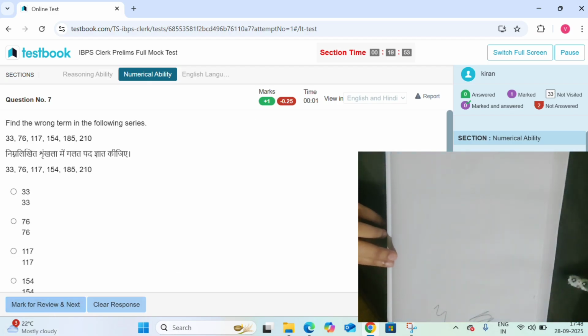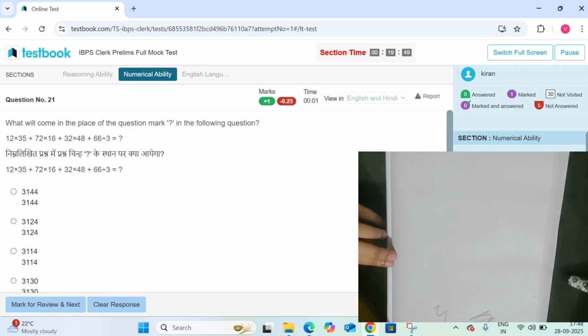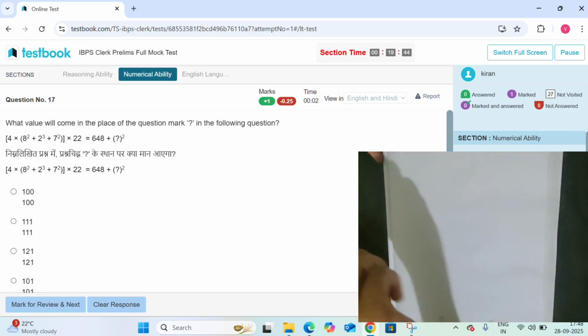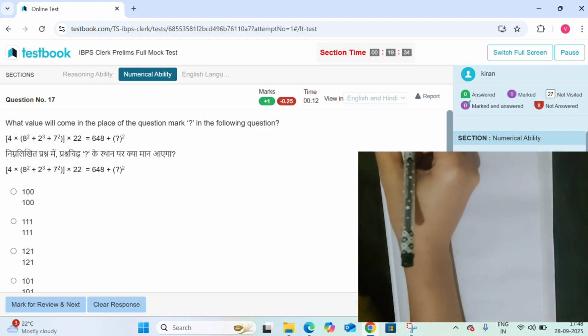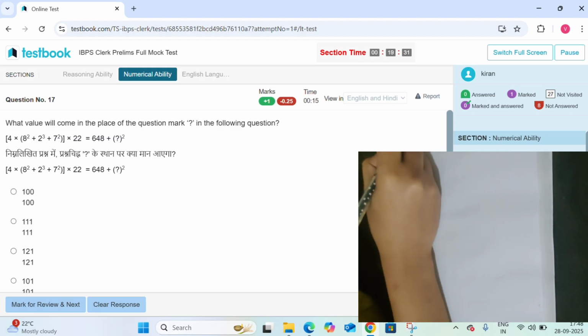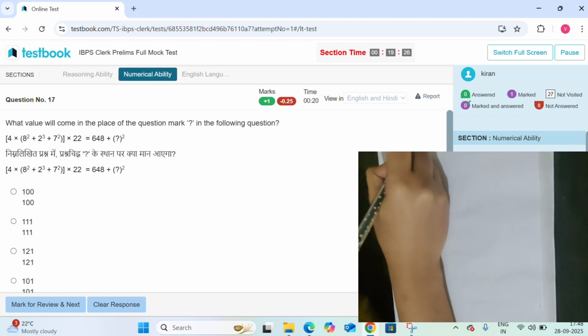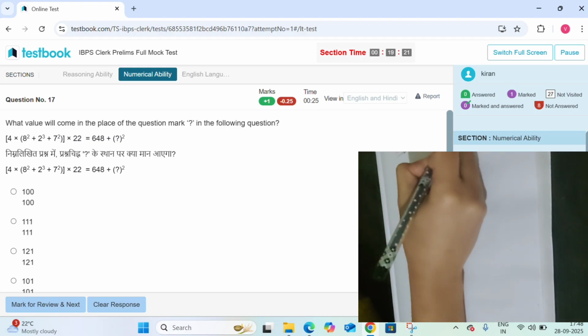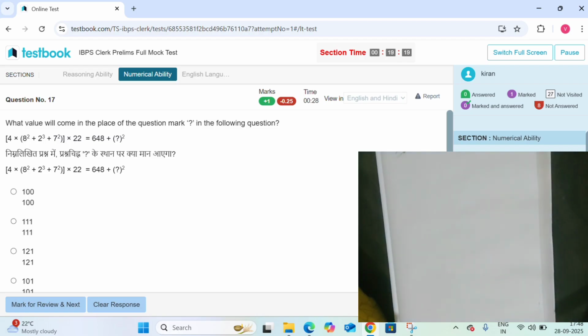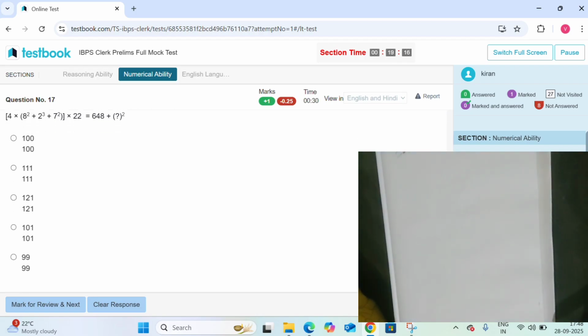Mark for review. Simplification. Start: 4 into 8 squared is 64, 64 plus 8 is 72, 72 plus 49 is 121. 121 divided by 22, 11 twos are 22.